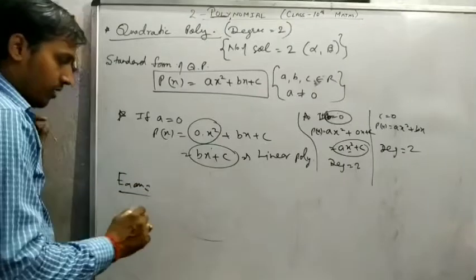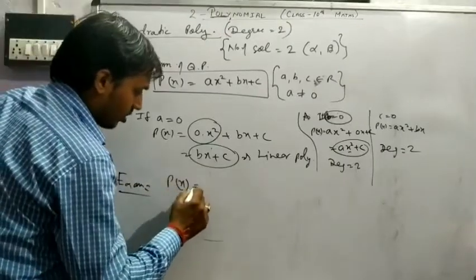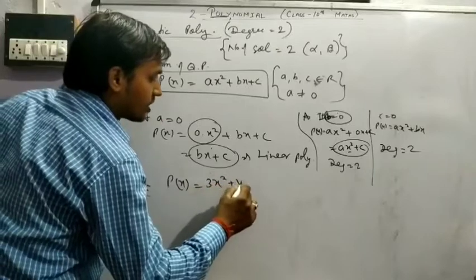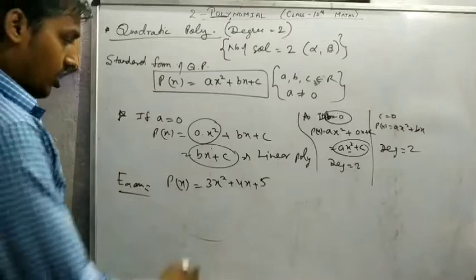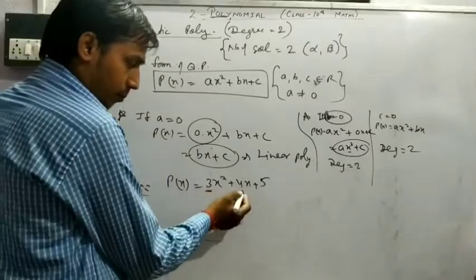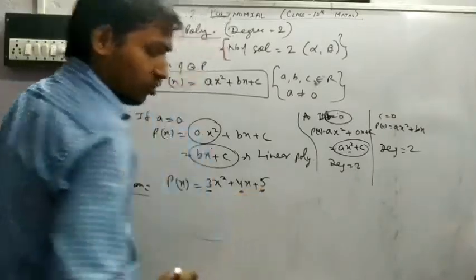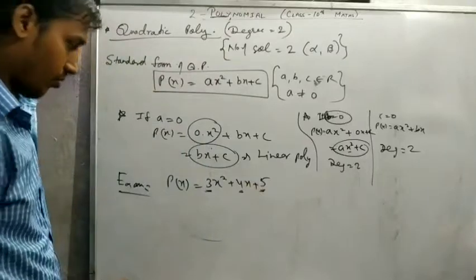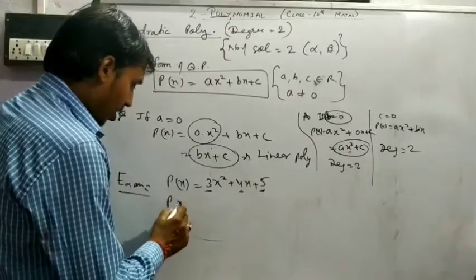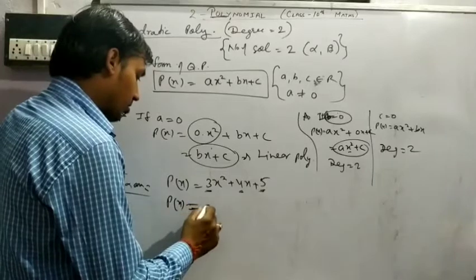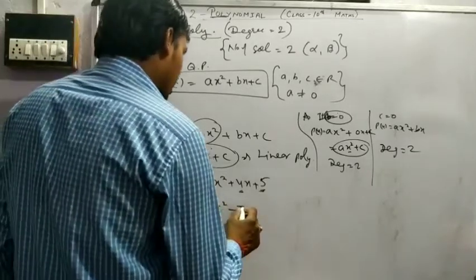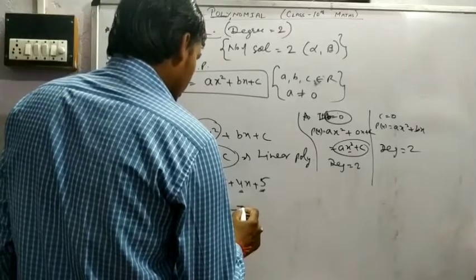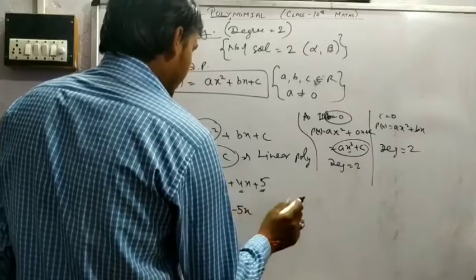Let's see some examples of quadratic polynomials. 3x square plus 4x plus 5. Here a is equal to 3, b is equal to 4, c is equal to 5. Another, p of x is 7x square minus 5x.